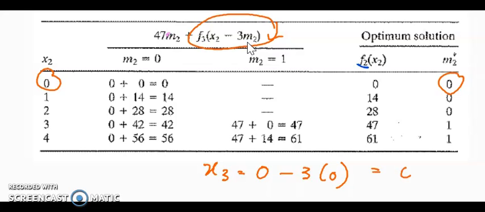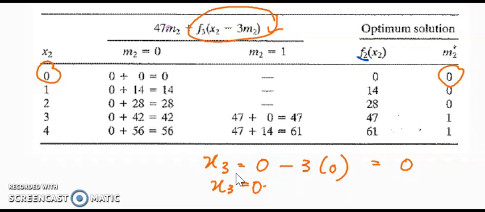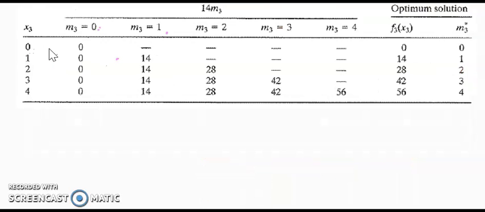So x3 will be 0. And we will use this solution for stage 3. At stage 3, when x3 equals 0, m3 is also 0.